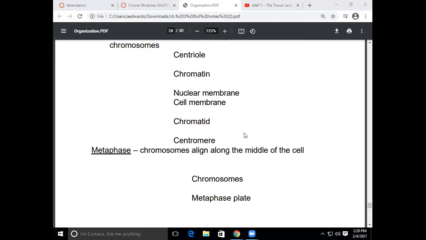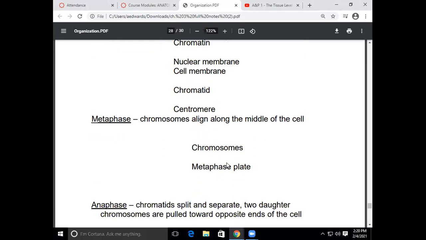All right, then we get to metaphase. And the M for metaphase, once you remember, stands for middle. So chromosomes align along the middle of the cell. You form a straight line. We're not going to draw all 46 chromosomes, but essentially chromosomes will be lined up in a line in the middle.